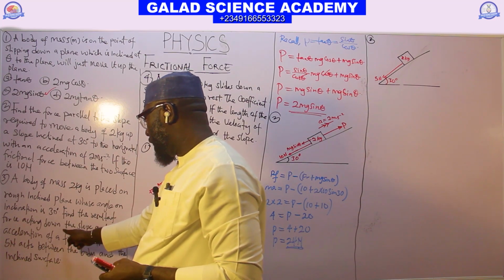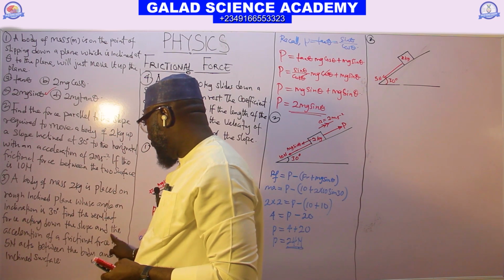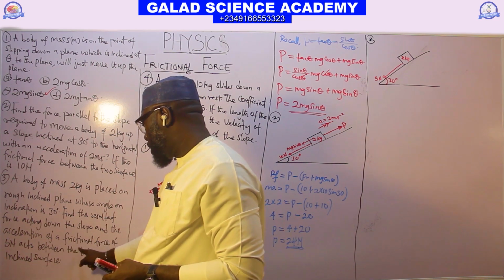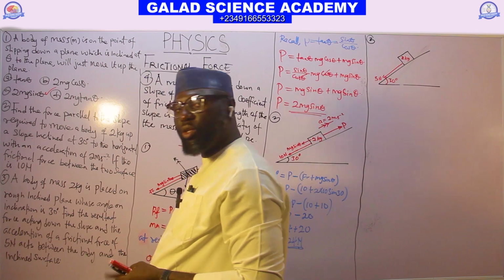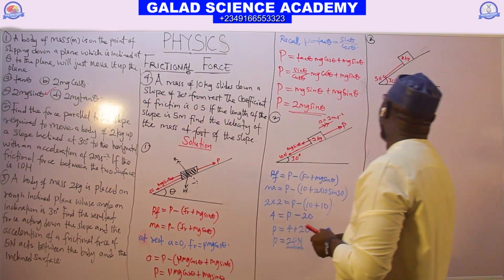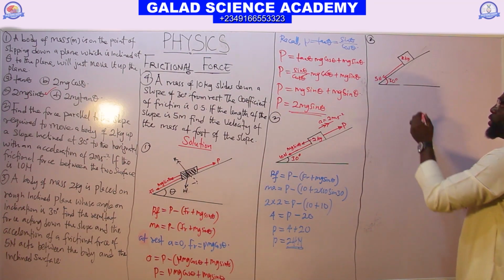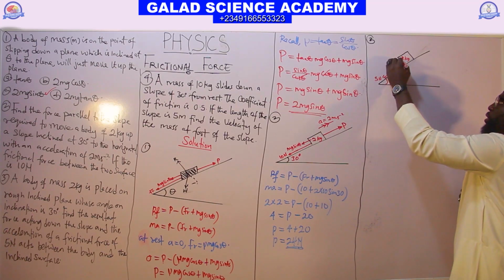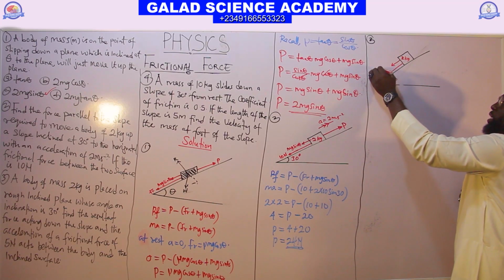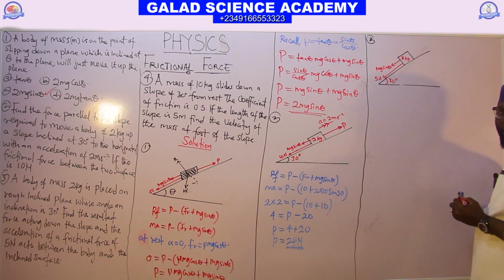Find the resultant force acting down the plane and the acceleration of the body along the plane. So we are given this, and we know that the weight component of the body is always mg sin theta.